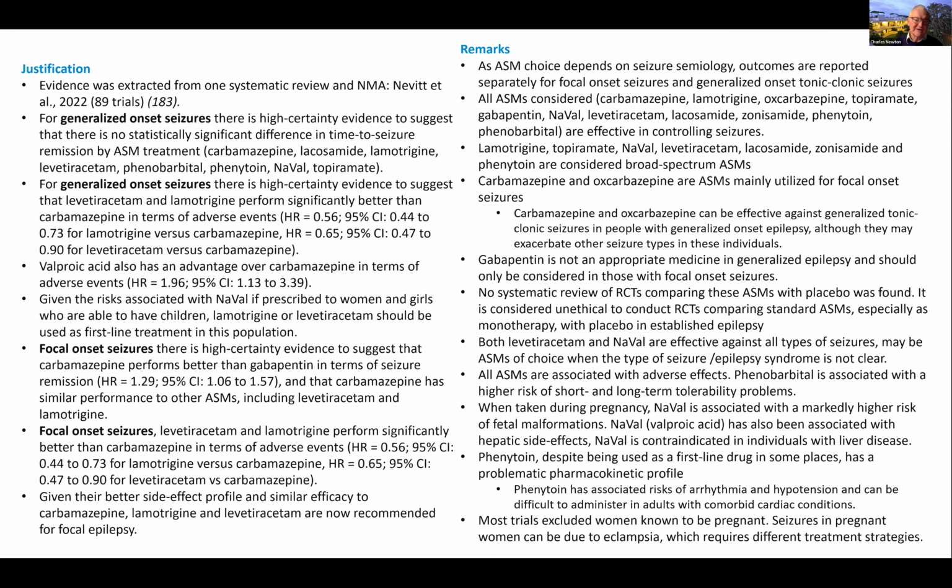For focal onset seizures, there's high certainty that carbamazepine performs better than gabapentin, and it is similar to the other drugs being recommended, levetiracetam and lamotrigine.